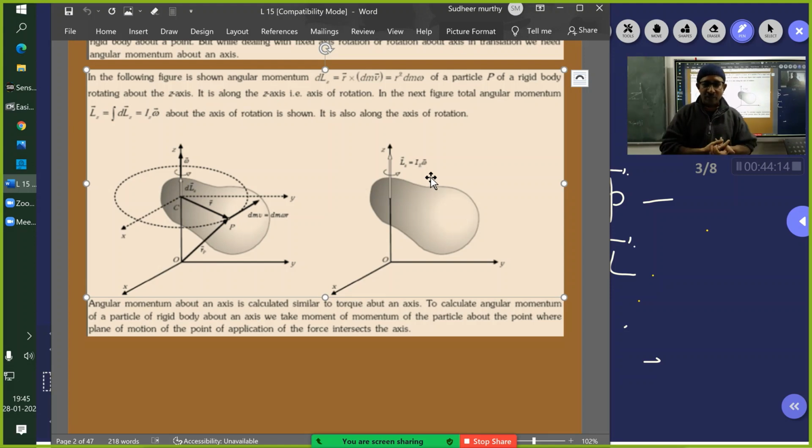Then where will you define the axis of rotation? Because the fundamental of the axis of rotation is that every particle is tracing a circular path, and the plane of each one is cutting the axis at right angles. That will not be satisfied if you take it like this.